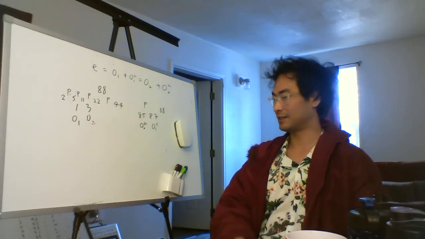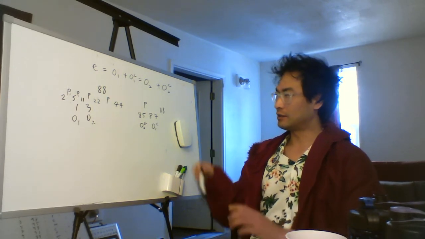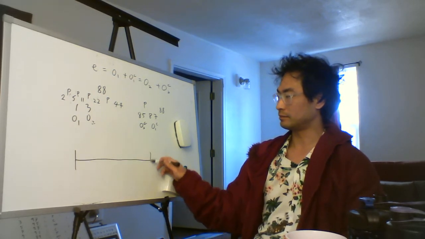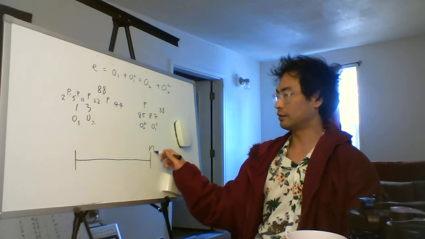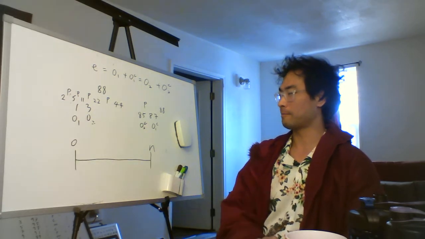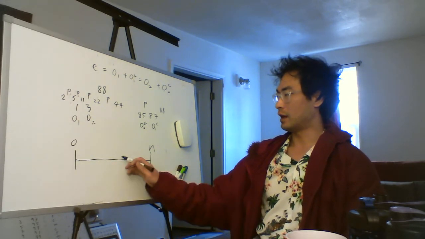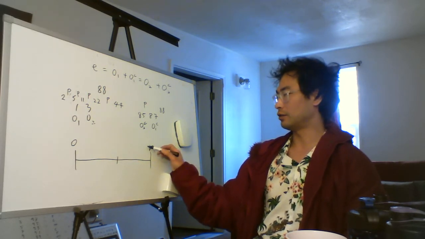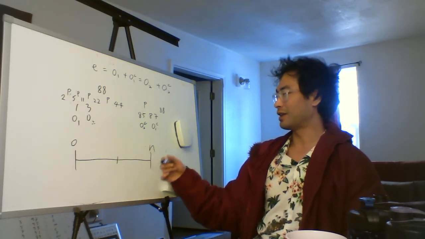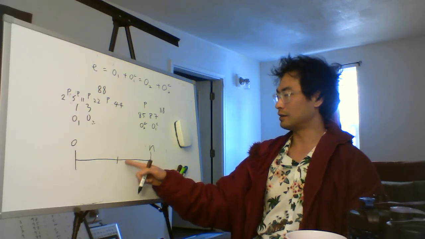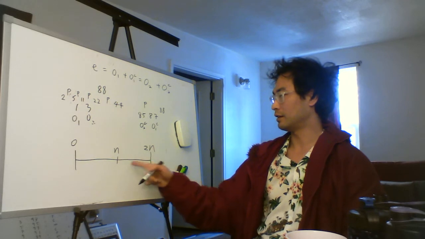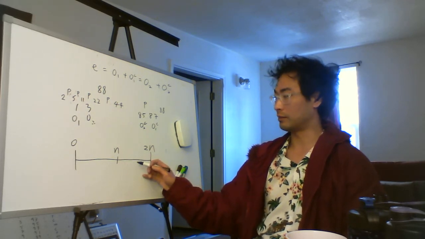It's very neat. So you have some number n. Here you have 0. It says between n and 2n, you have at least 1 prime.